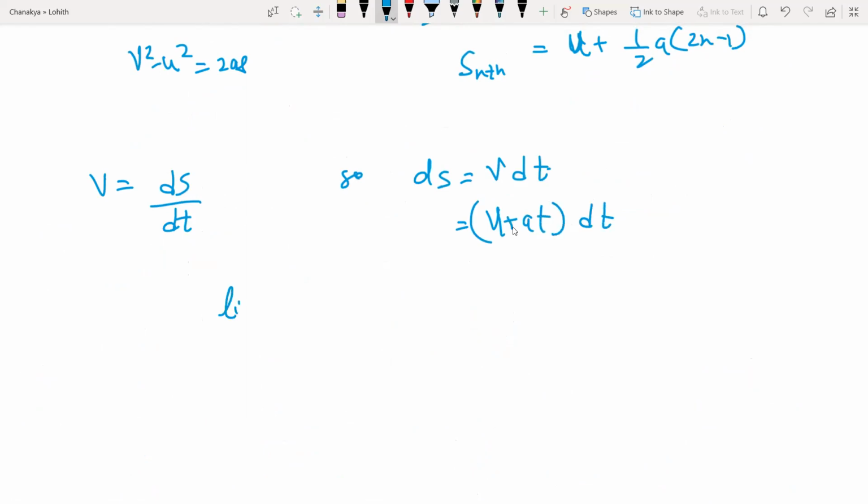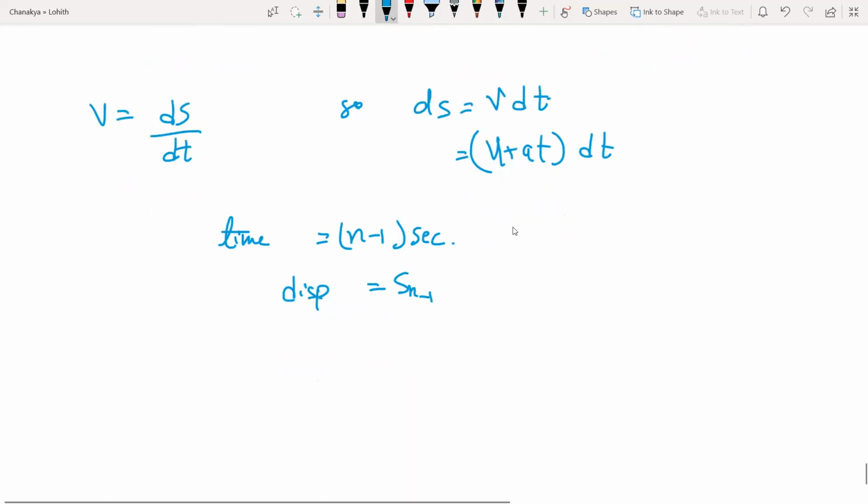So for time n minus 1 second, the displacement will be Sn minus 1, let's assume. This is what we are assuming.